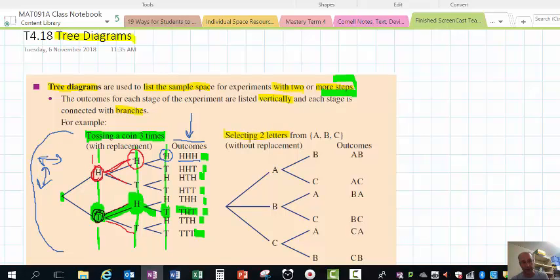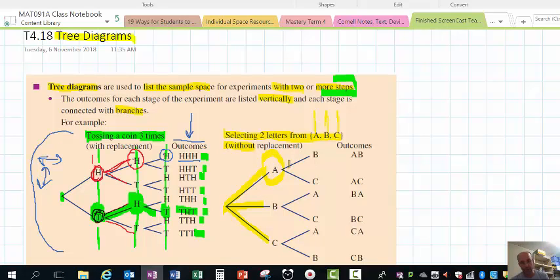The next one we've got here is a different case. I'll highlight it in yellow. This is selecting 2 letters, maybe from a bag that's got ping pong balls with A, B and C on them, choosing at random. Now this one is without replacement, so on the first trial we could choose an A, a B or a C. Let's say we choose an A on the first one.